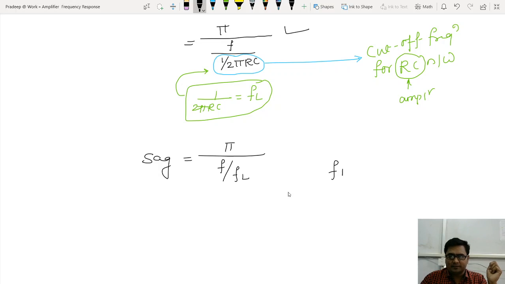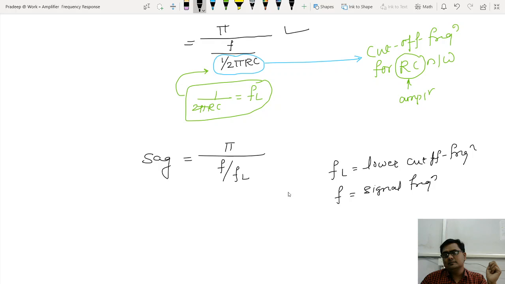F is the signal frequency, the frequency of the applied input signal.